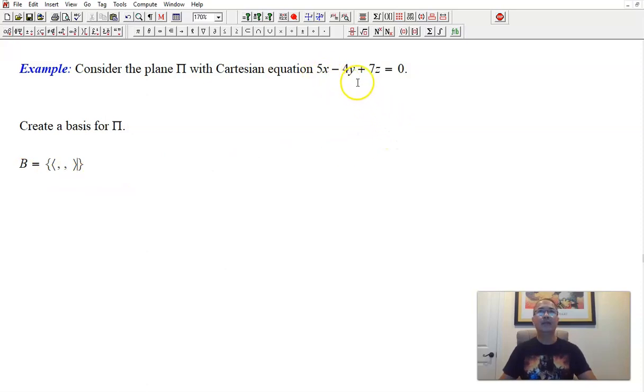Well, we have to find x, y, and z that satisfy this equation, but it's 0 on the right side. So an easy way to do it is to make one of the variables 0 and then eyeball the values for the two other variables that will make it sum up to 0. So for example, if z is 0, then what has to happen to x and y?